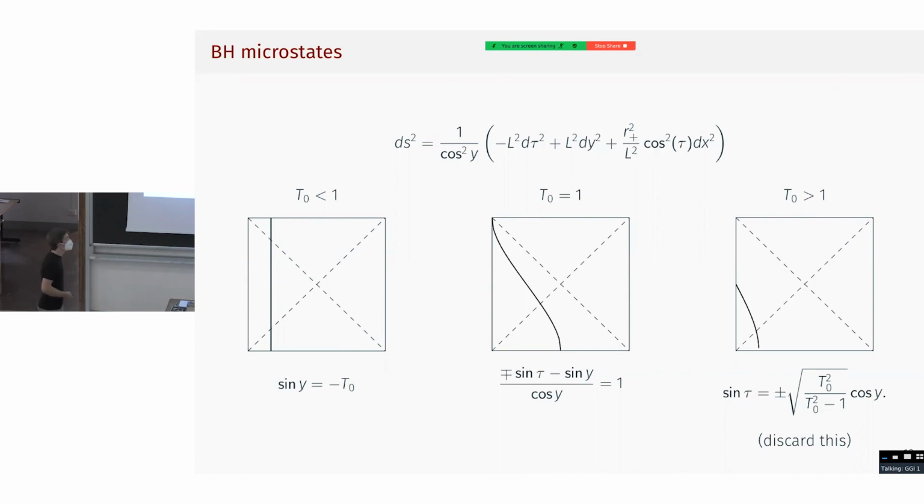No, exactly. This is why I made this point somewhere in the talk of saying I will not care about this right now. I will just pretend that maybe there are solutions and see whether they actually are. Now, it's not a construction in the Euclidean sense, but you can get this solution by starting with this solution, shifting it in Schwarzschild time, and at the same time putting the tension to 1.